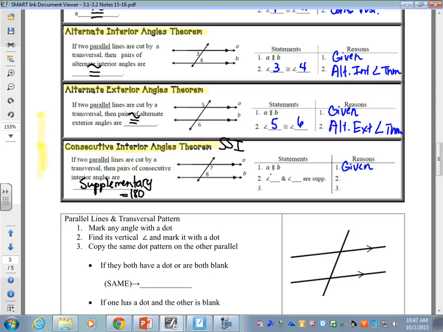Then angle 7 and angle 8 are supplementary. That's the consecutive angles theorem. I can make another conclusion from the fact that 7 and 8 are supplementary. What does supplementary mean? 180. So I can say angle 7 plus angle 8 equals 180. Definition of supplementary.